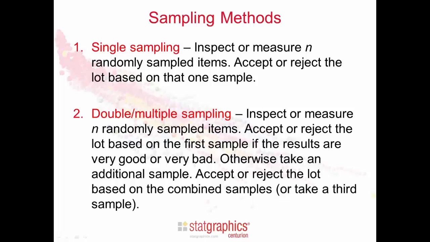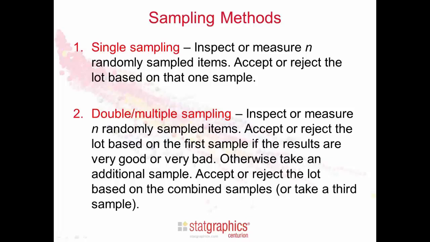If the results were inconclusive, you'd go and take an additional sample and accept or reject the lot based upon the 2 samples combined. In a multiple sampling plan, you might take a third, a fourth, a fifth, or even more samples until you've accumulated enough information to make a decision.